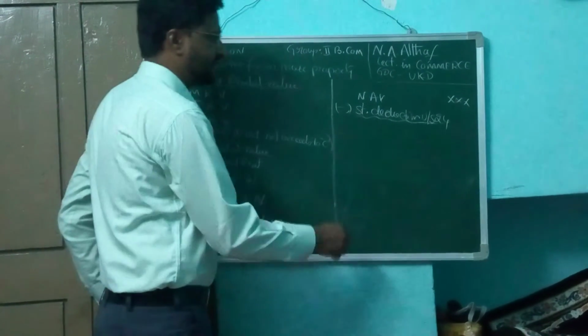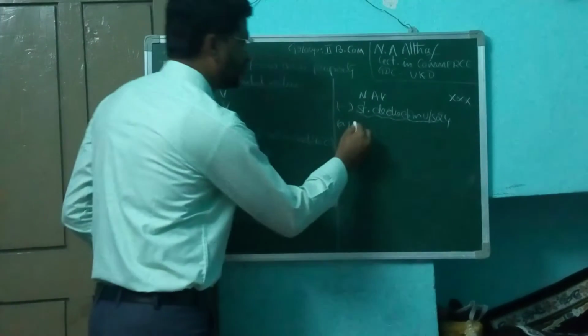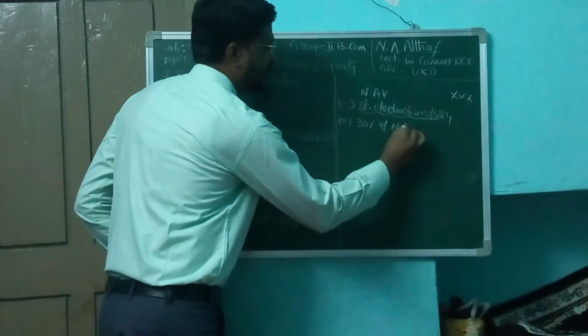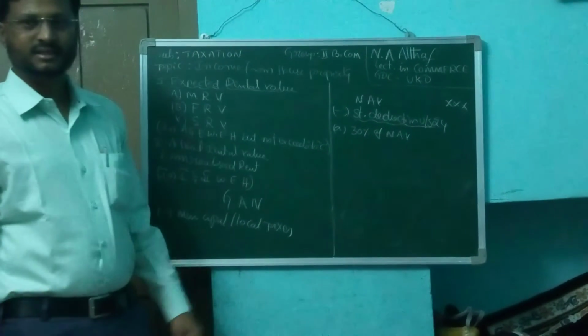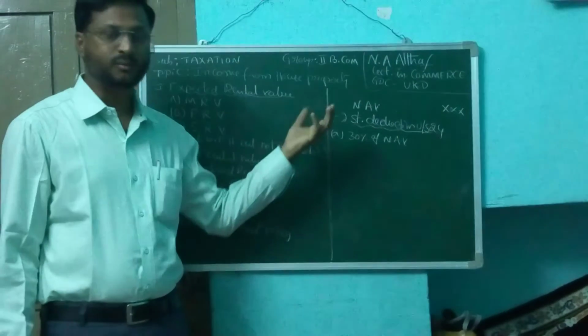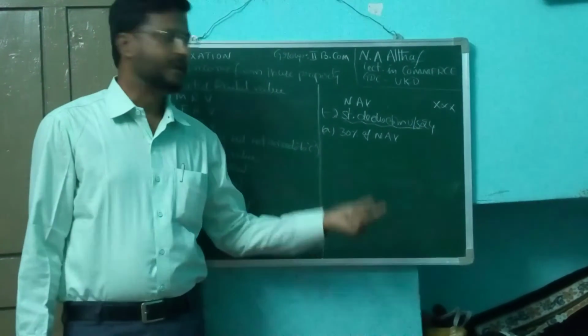Under section 24, subsection A, we give 30% of NAV. In NAV we allow a standard deduction of 30%. Why is this given?